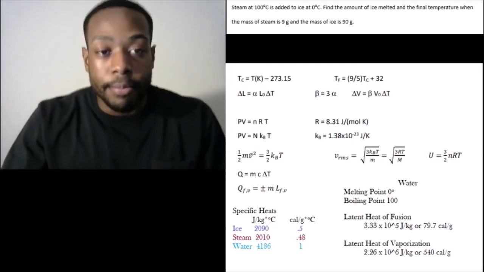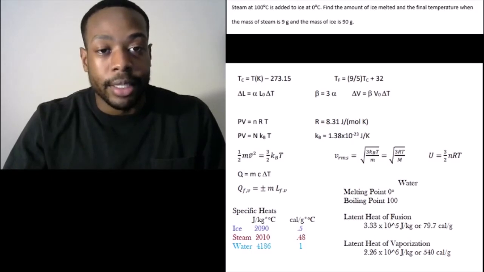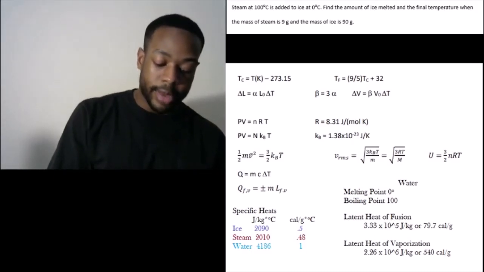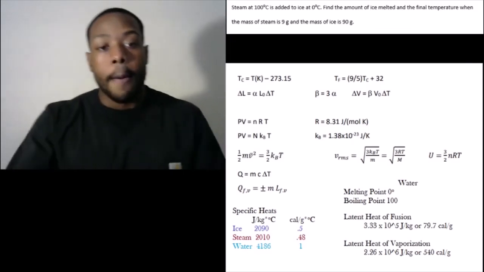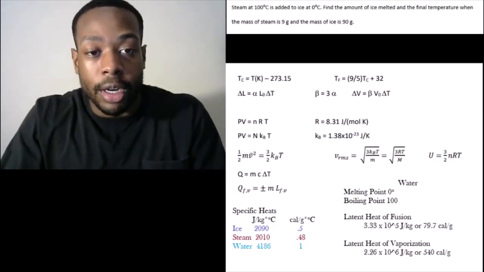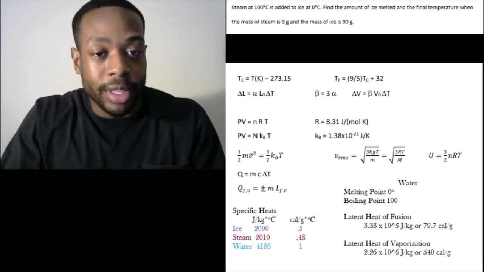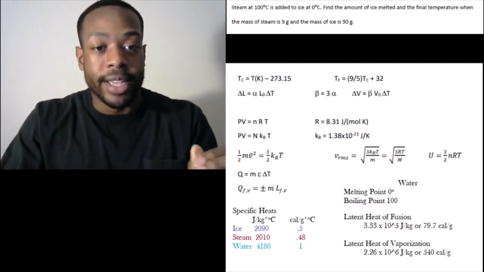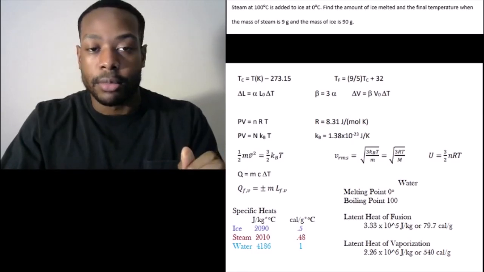So the steam condensing gives off 4860 calories to melt some ice, but the condensed water is also going to react with the ice as well. So that water is going to have to get to 0 degrees, right?